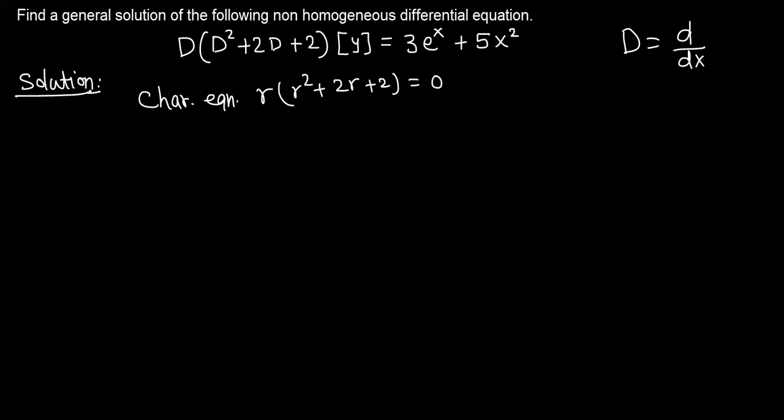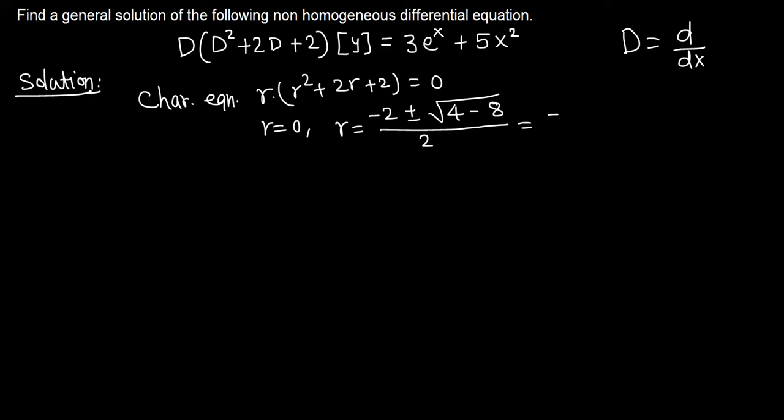We factor out r, so either r equals 0, or r squared plus 2r plus 2 equals 0, which is a quadratic equation, so we need to solve using the quadratic formula. r equals negative b plus or minus the square root of b squared minus 4ac, which is 4 times 2, 8, over 2a.